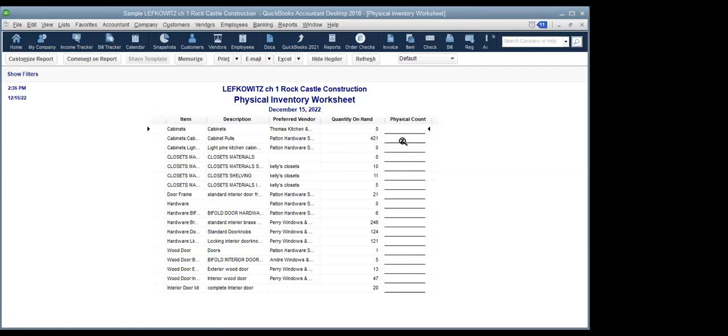Let's say they have only 420, so they lost one. So we adjust. Standard interior brass doors, if they have only 220, 26 pieces, we have to inquire what happened to them. So we have to fix everything here. So physical count is the number that they count, and this paper is signed by two people, the accountant who sees it, and the person who does the physical count.